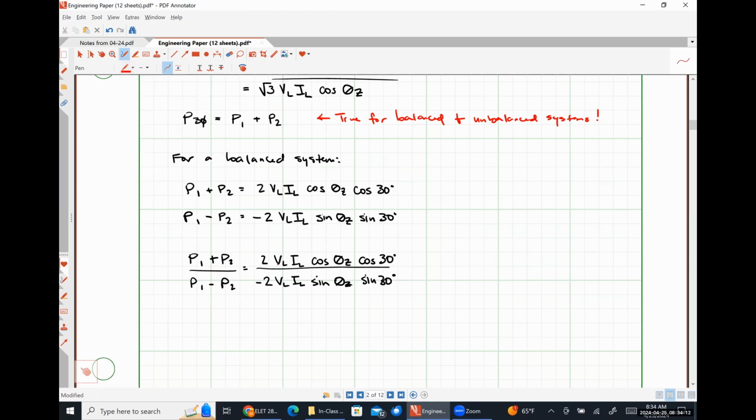So we can see very easily that the VL IL cancels out in both the numerator and the denominator.